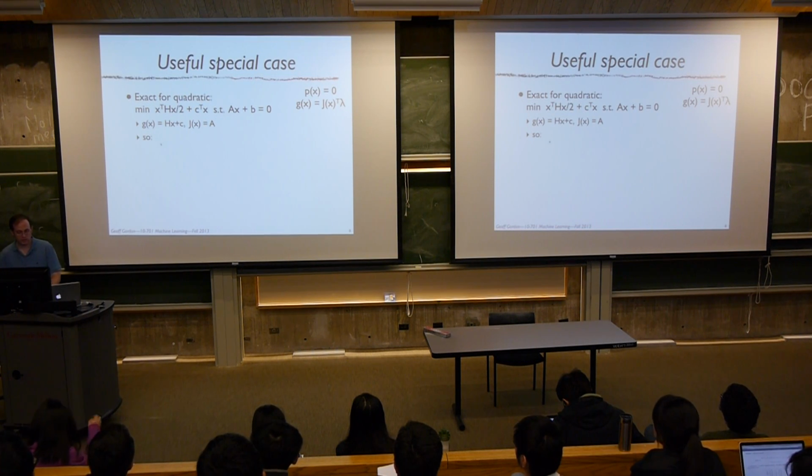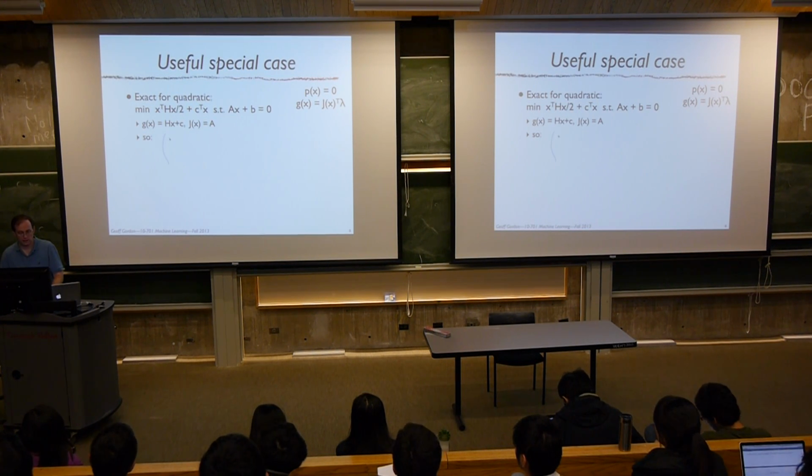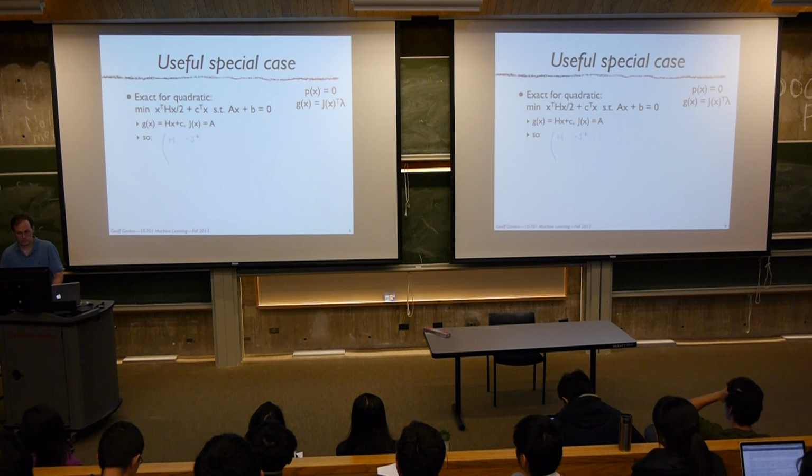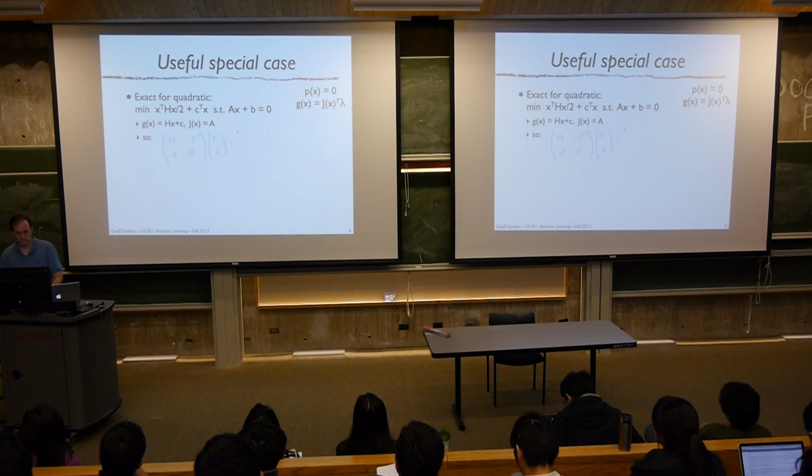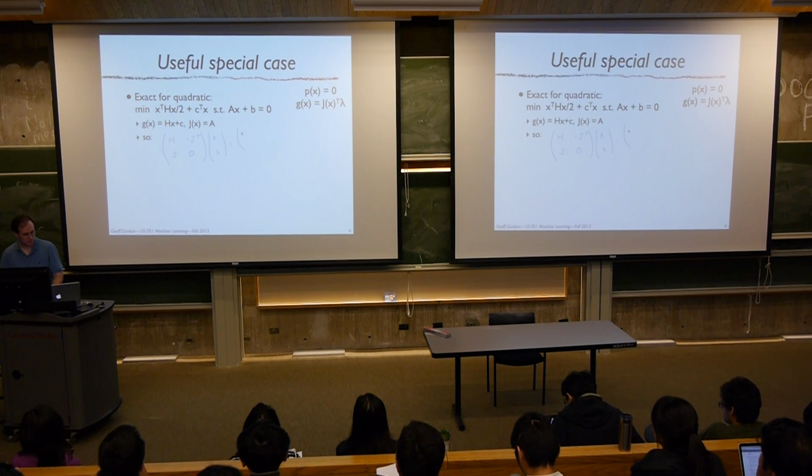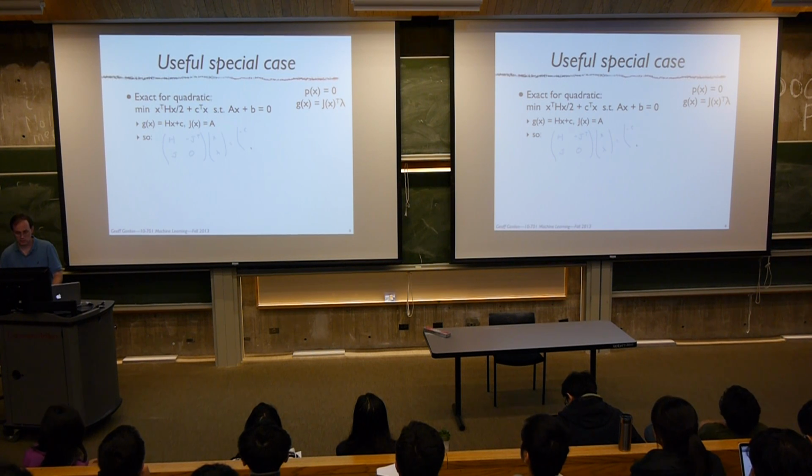And so the KKT conditions become h, minus j transpose, j, 0, times x and lambda, is equal to minus c and minus b, right?